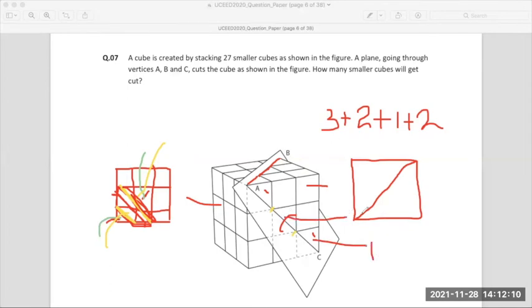In this row, 2 cubes will be cut, and in this top row, 3 cubes will be cut. ऐसा बोल रहे हो? Yes, ma'am. और कोई नहीं कटेगा in between. Center में जो भी cubes आ रहा है उसमें से कुछ भी नहीं कटेगा. That's what you are suggesting. Yes, ma'am. Partially भी नहीं cut करेगा. My question is, this center cube which is there right in the middle, will that be cut or not?